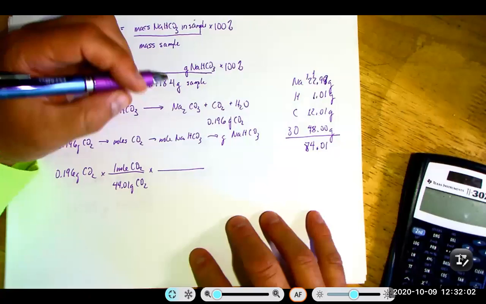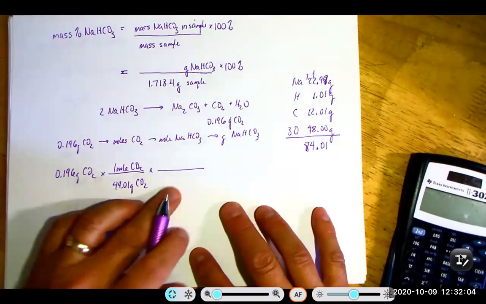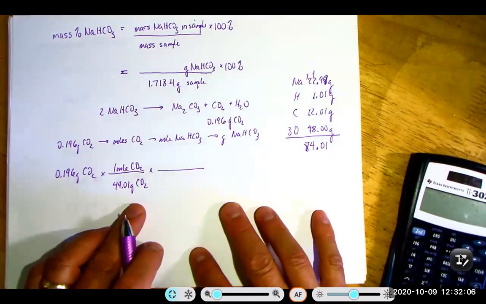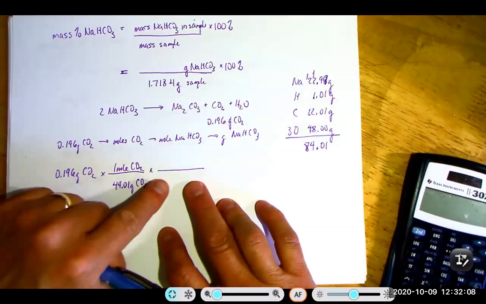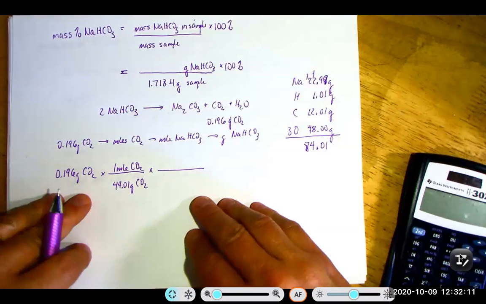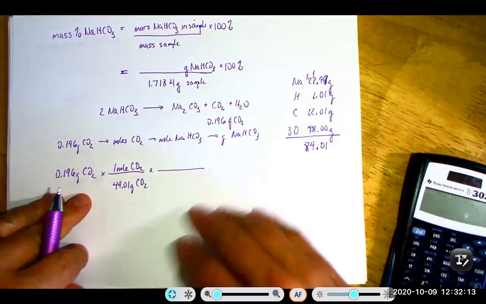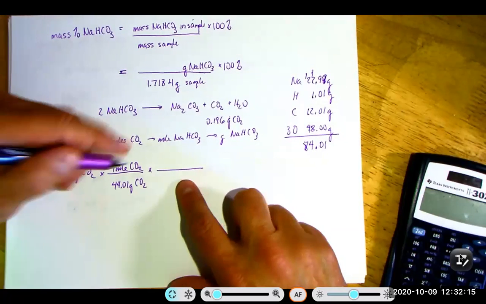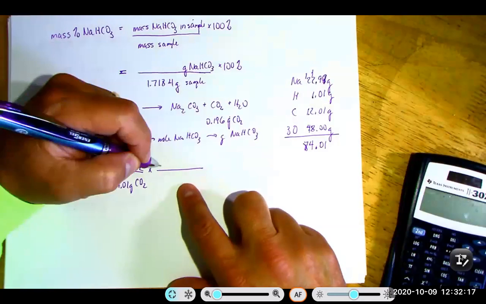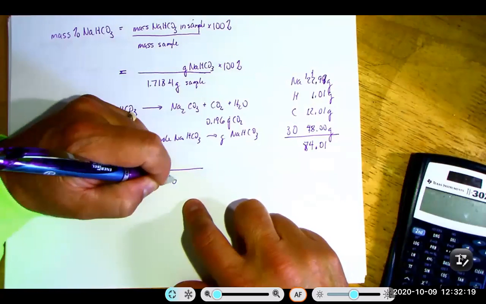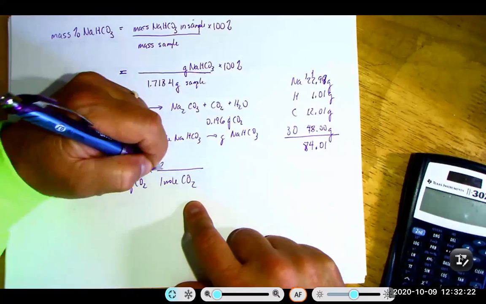So here, we're going to multiply first by the balanced reaction. Oh, we have the balanced reaction right here. We're going to multiply by 1 mole of CO2 per 2 moles of sodium bicarbonate.